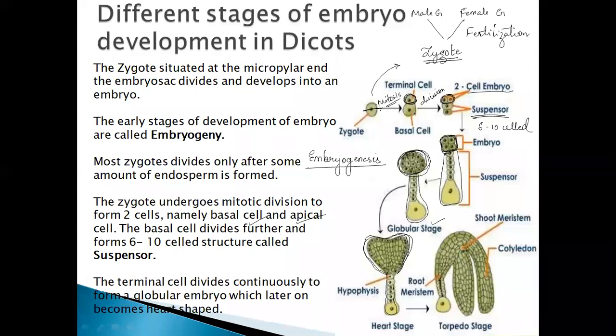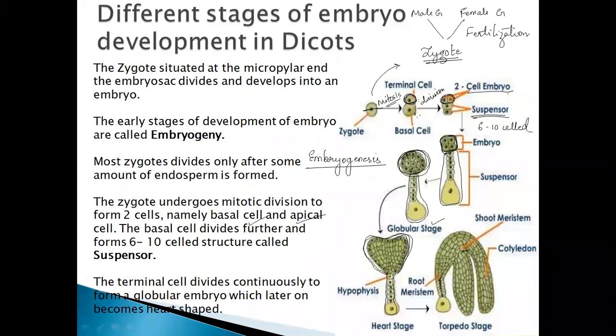See, it started from the zygote. The zygote divided into two cells, apical cell and basal cell, by mitosis. After that, further division formed the two-cell embryo and the suspensor.